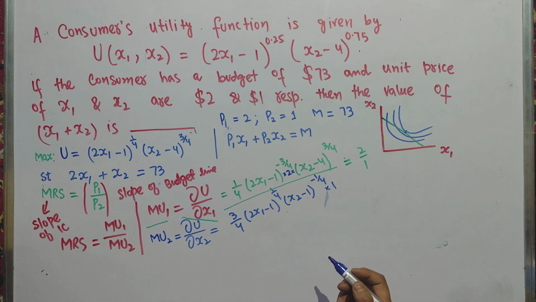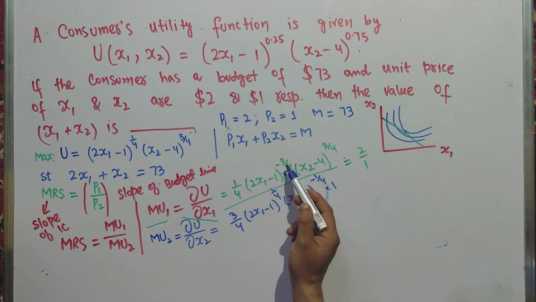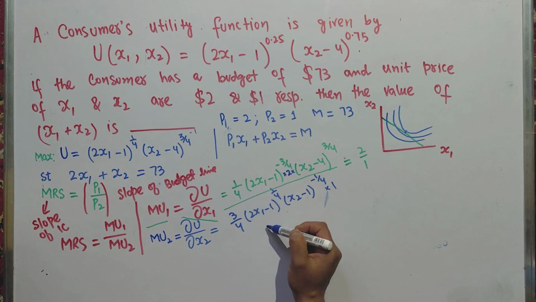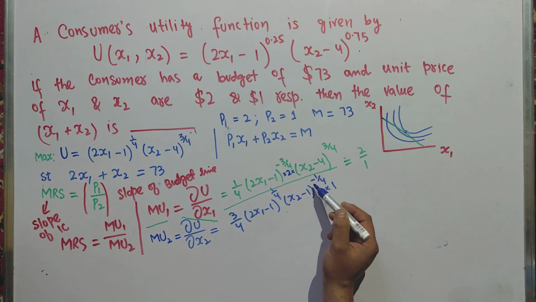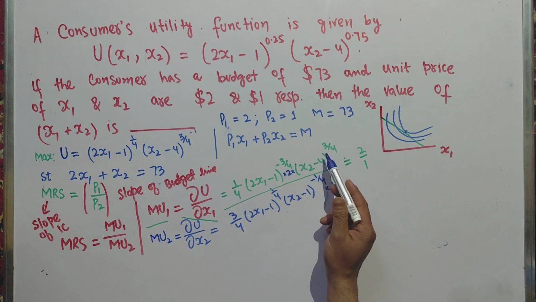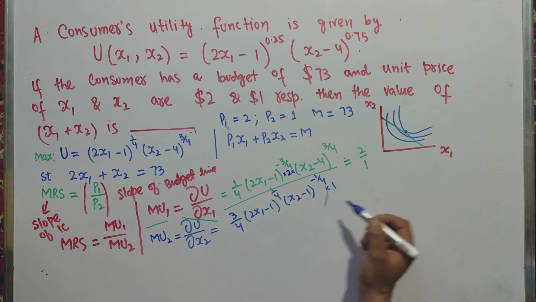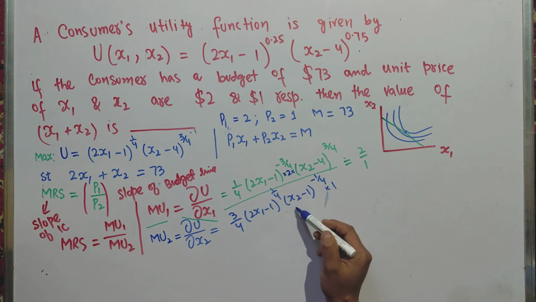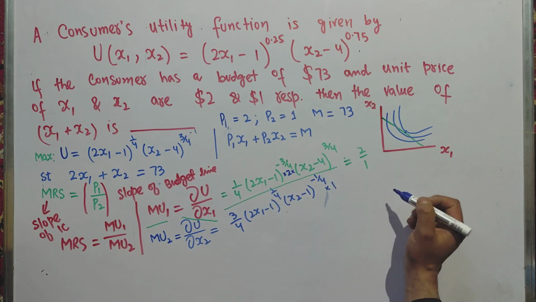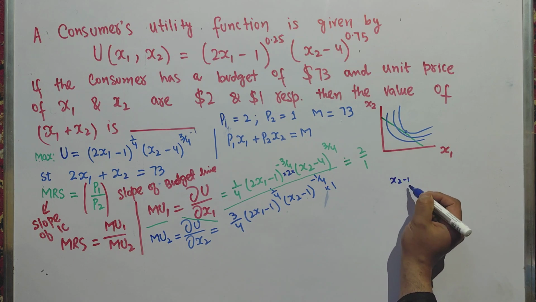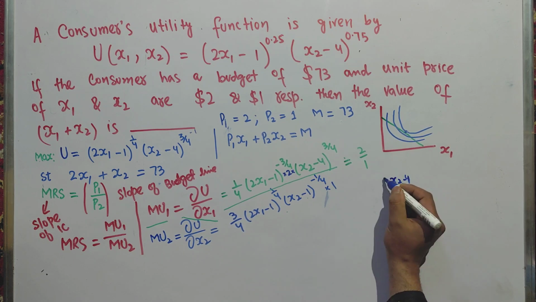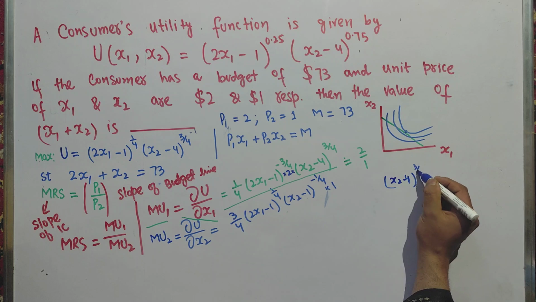So what we will do here, first thing is we transpose this term to denominator and this term to numerator. Okay, and let me explain what I am doing here. When I transpose, let us say this term to numerator, what will happen? It will become (x2 minus 4) raised power 3 upon 4.